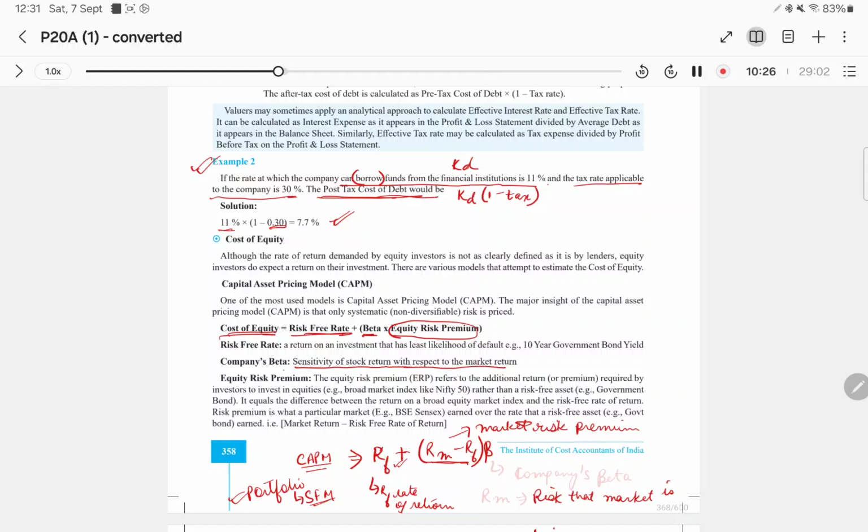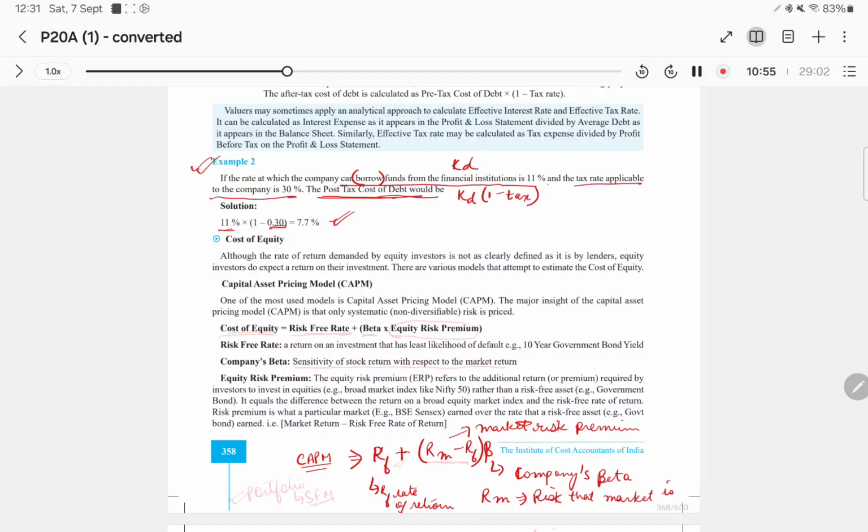And beta is in the question, the company's beta is generally given. So this is what beta represents. And what is RM? RM is basically the risk that the market is facing.